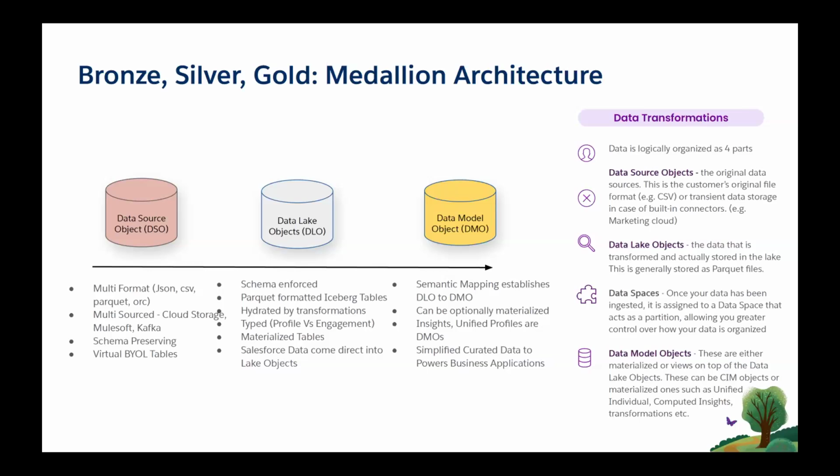A medallion architecture is a popular data design pattern used to logically organize data within a data lakehouse, with the goal of incrementally and progressively improving the structure and quality of the data as it flows through each layer of the architecture, from bronze to silver to gold, as we see here.